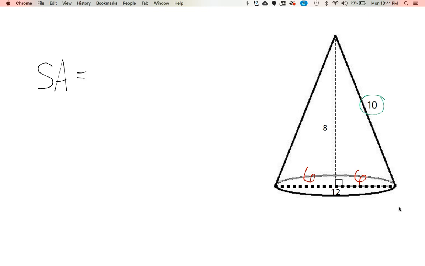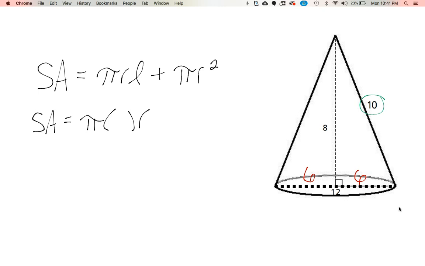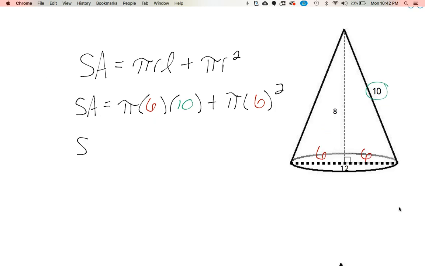So surface area equals pi r L plus pi r squared. So our radius is 6, our slant height is 10, and it's pretty much that straightforward.